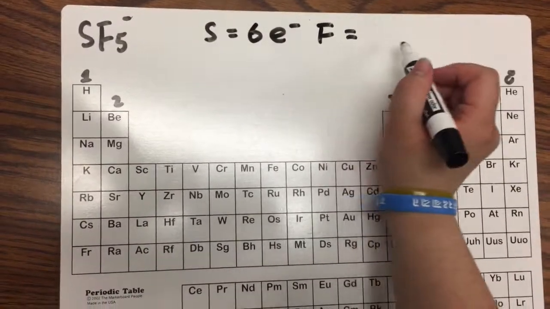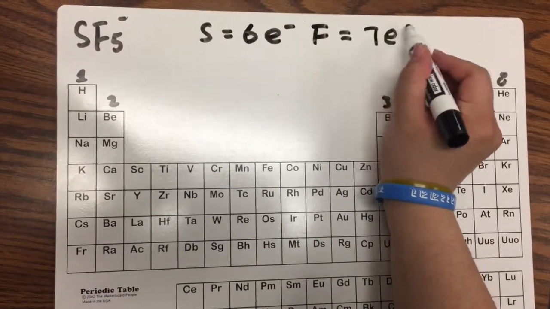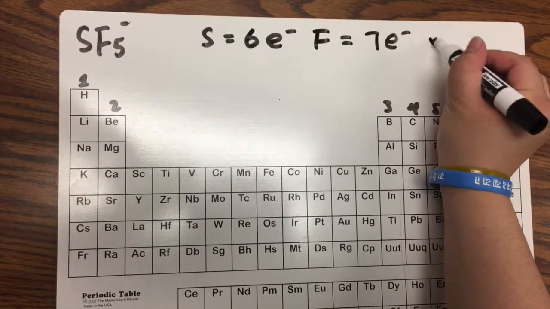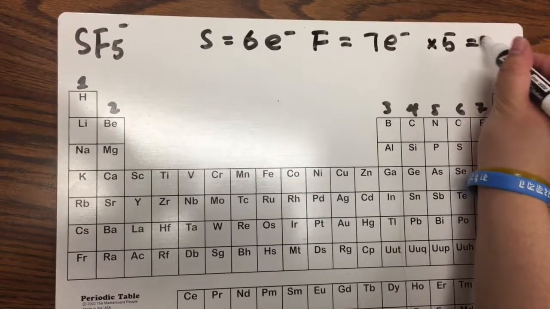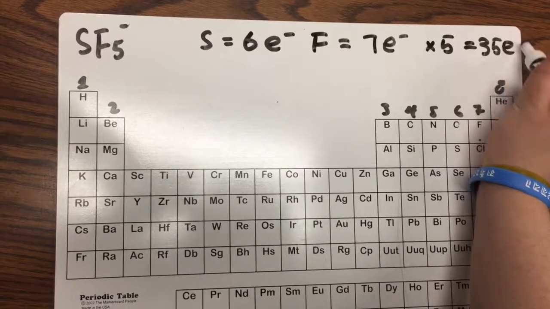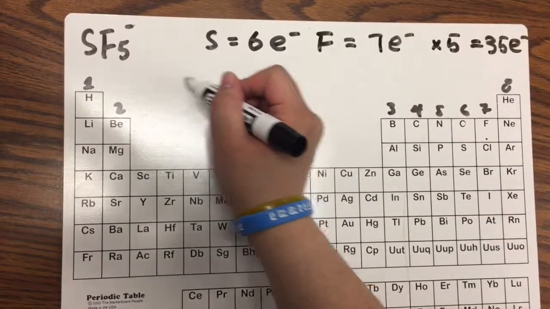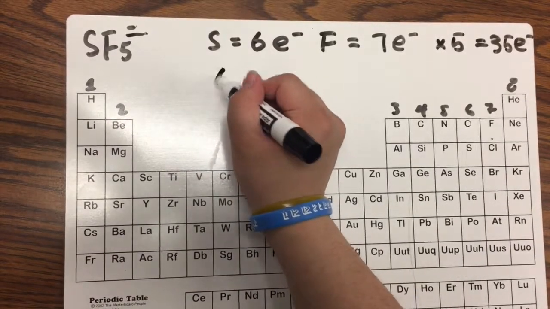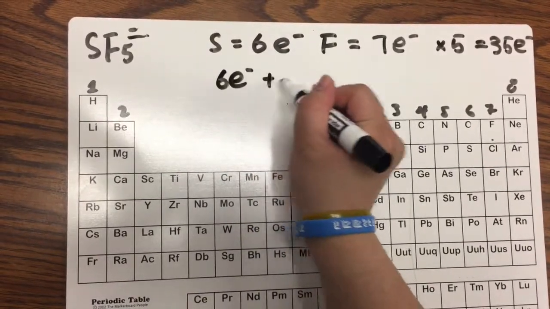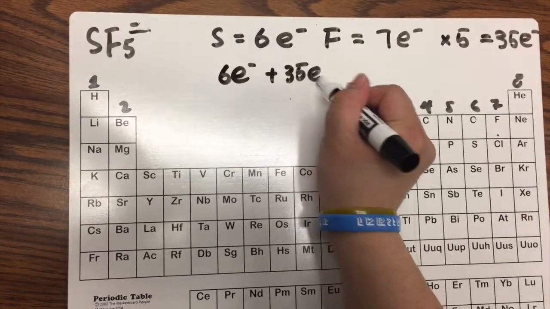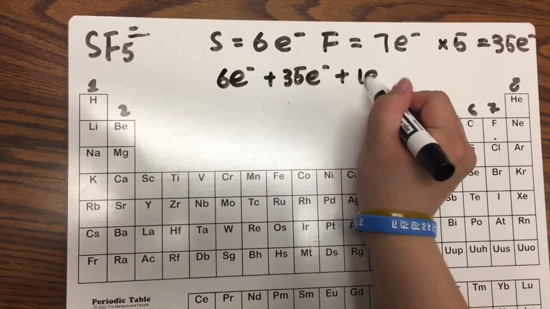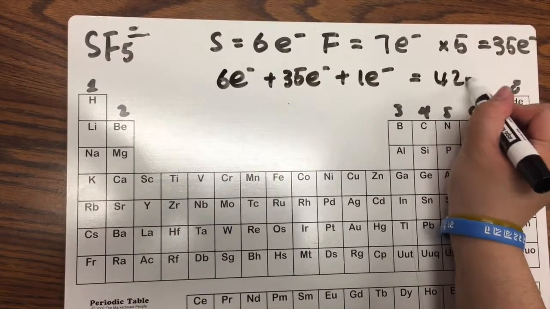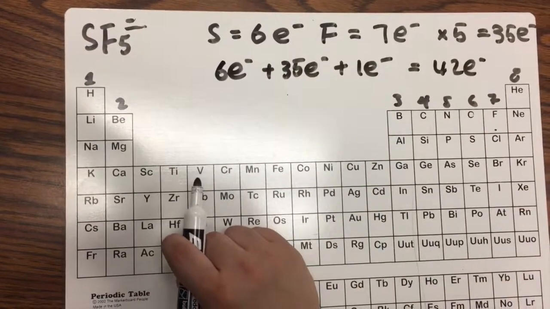And in this ion, there are 5 fluorines in it, so we times it by 5, and then we will get 35 electrons for that. And we need to pay attention that the ion is -1 charged, so we need to plus 1 more electron when we add up all the valence electrons, which will give us a result of 42 electrons.